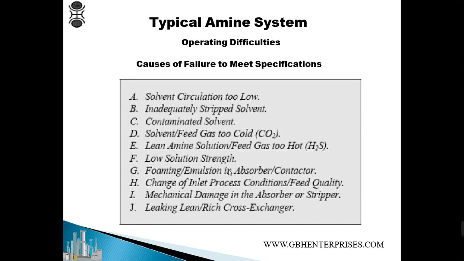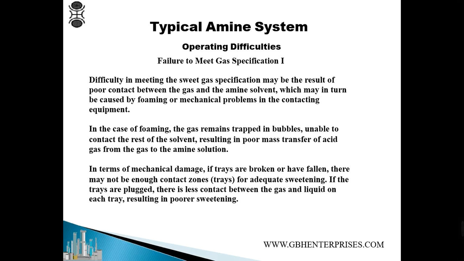Sometimes there's a foaming issue. Sometimes there is a mechanical issue, the baffling plates are not working, and sometimes there's a leakage. So these are the reasons that the efficiency of H2S and CO2 removal is compromised. In the case of foaming, the gas remains trapped inside the bubble and is unable to contact the rest of the solvent, resulting in poor mass transfer.